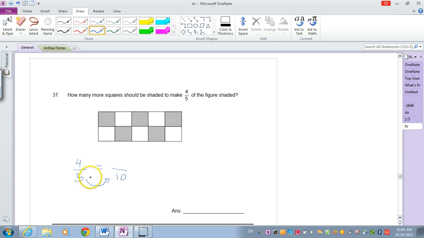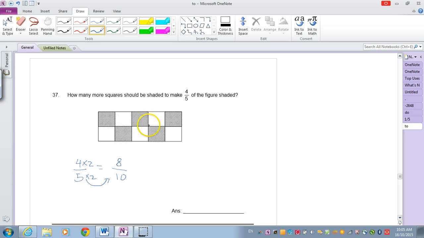So I know for my equivalent fraction, 5 I can multiply by 2 to give me 10. If the denominator is multiplied by 2, my numerator has also got to be multiplied by 2. So 4 times 2 will give me 8. So how many shaded squares do I have in the figure? I have 1, 2, 3, 4, 5.